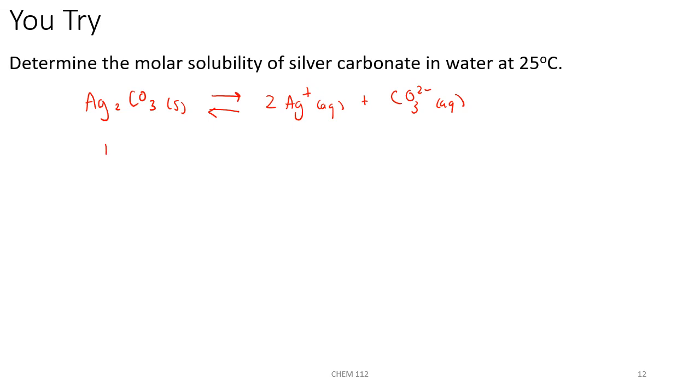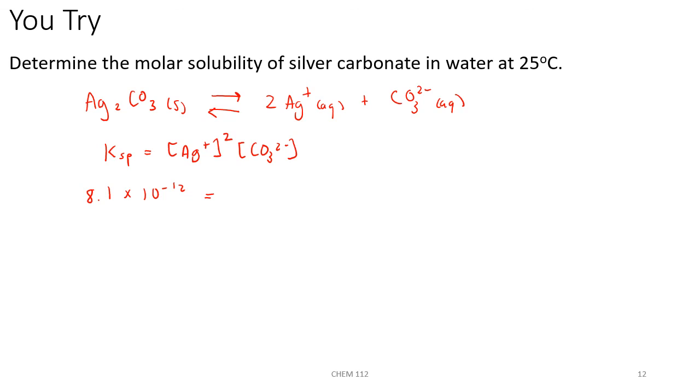Next, we want to write our equilibrium expression. KSP will equal the concentration of silver ions, and we have to square that, times the concentration of carbonate ions. Next, we look up what the KSP is off of our chart for silver carbonate. You'll see that it is 8.1 times 10 to the negative 12th.